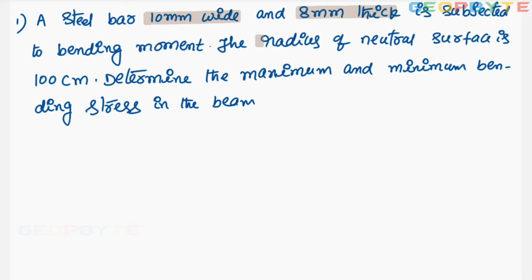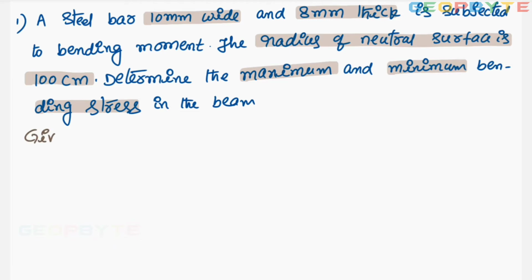The radius of neutral surface, that means the radius of curvature R, is given as 100 centimeters. Determine the maximum and minimum bending stress in the beam. You are asked to find the maximum bending stress and minimum bending stress.